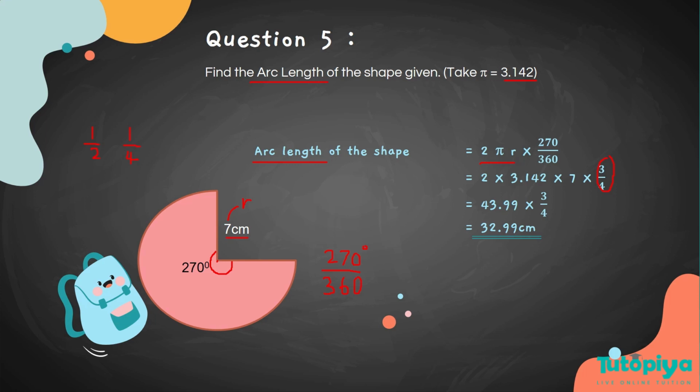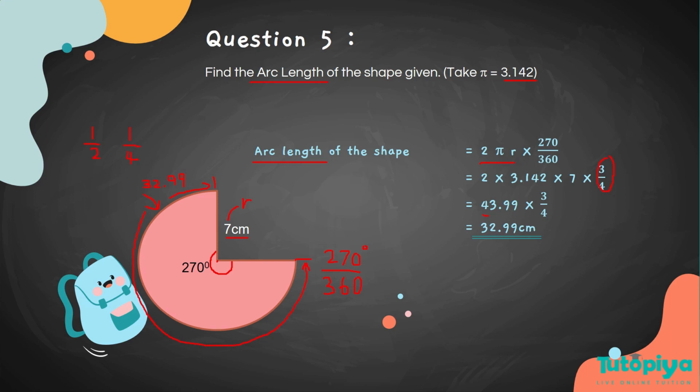So you multiply 2 by 3.142 multiply by 7, which you get 43.99, multiply by 3 and divide by 4, you get 32.99 centimeters, which is the arc length of this sector. So this is the arc length, which is from this point here up to this point in here.